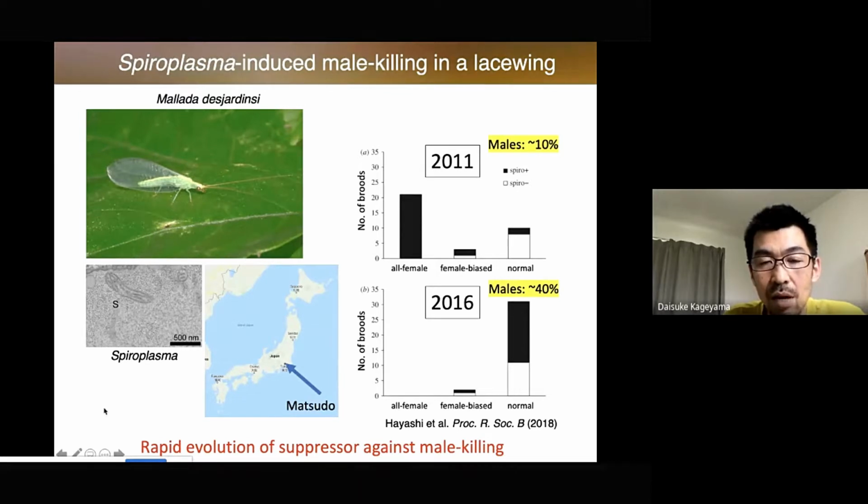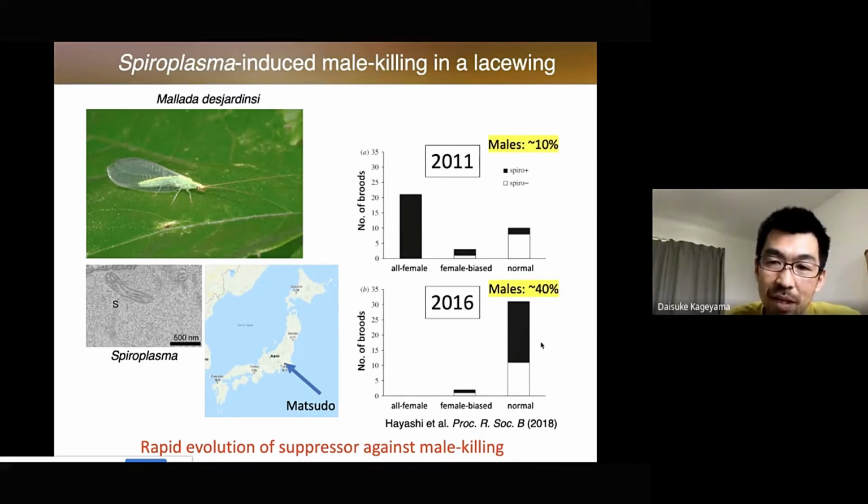We were lucky enough to see that because we had the previous data from 2011. If we had started the experiment later than 2016, we would have never observed such male killing.